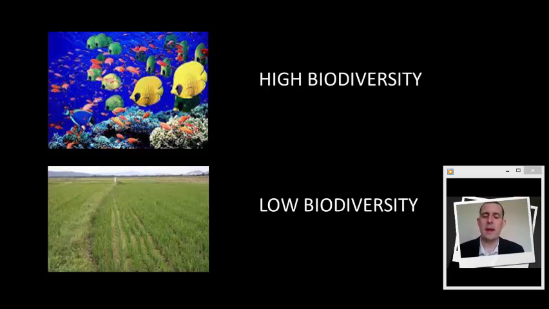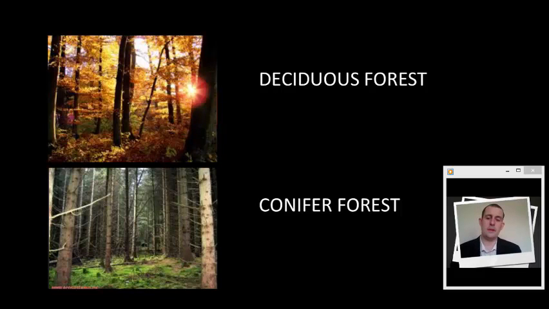A good example of a habitat to look at, to see the ecosystems and how they are influenced, is the example of a deciduous and a conifer forest, otherwise known as an evergreen forest. The difference between these two is that in a deciduous forest, the trees release their leaves every year, for example an oak tree, and that breaks down, creating nutrients in the soil and making it a much more friendly environment.